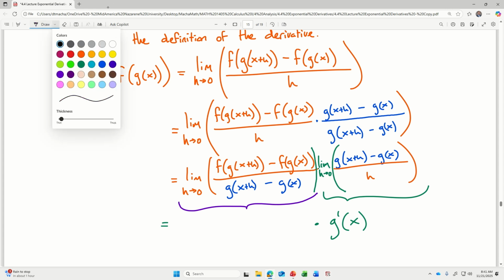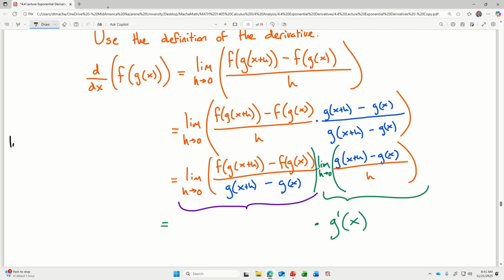Let's go back to my definition of the derivative for just a different function f and think about that for a minute. If I want the derivative of f, we say that's the limit as h approaches 0 of f of x plus h minus f of x, divided by h.